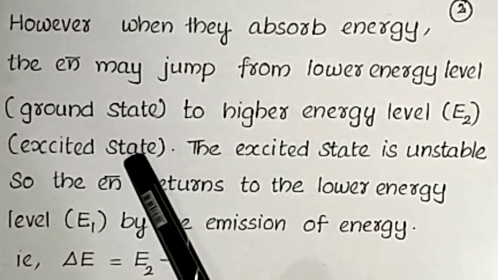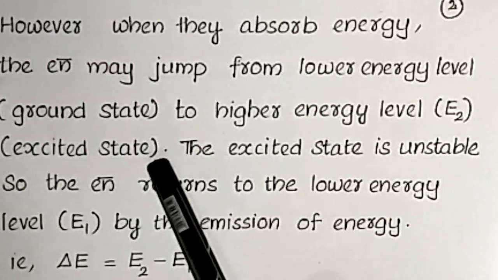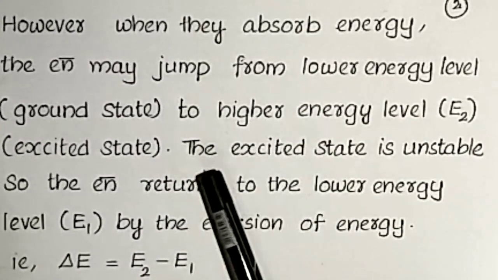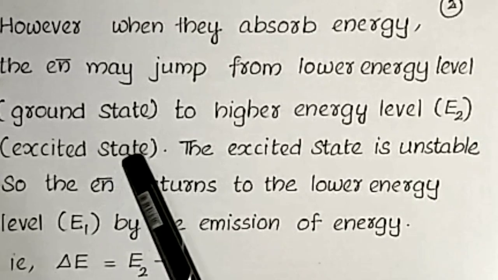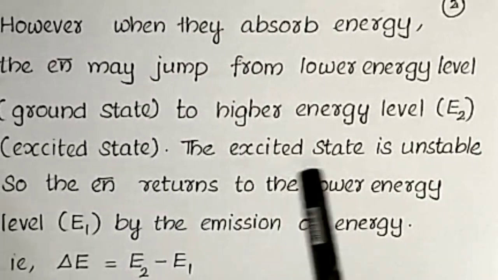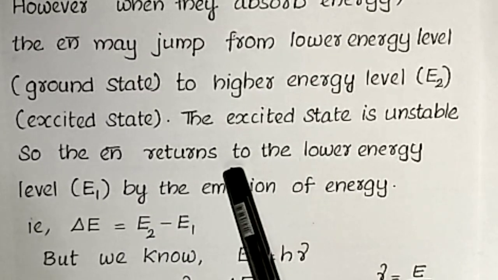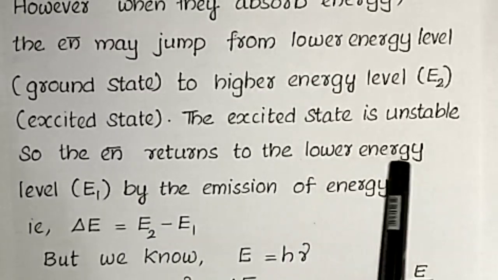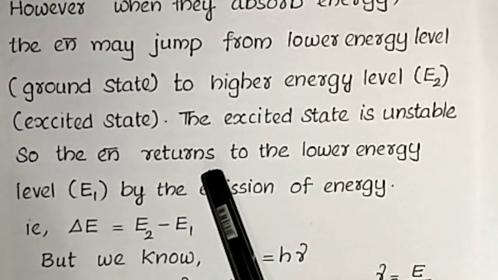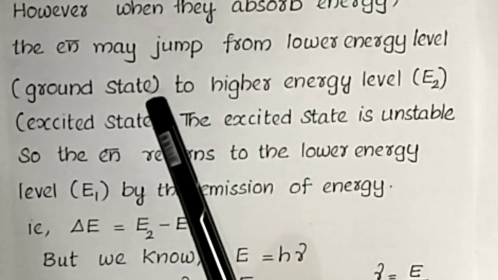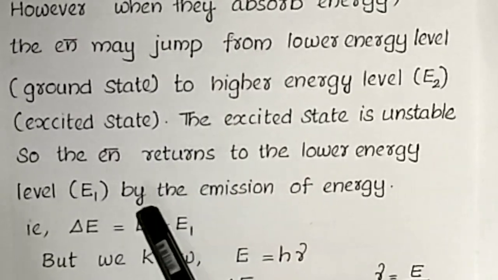This higher energy level is highly unstable, so it is otherwise known as excited state. The excited state is unstable and these electrons release that amount of energy and go to the ground state or lower energy state.